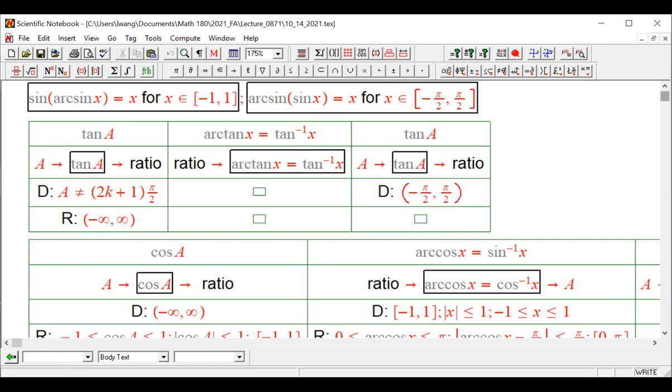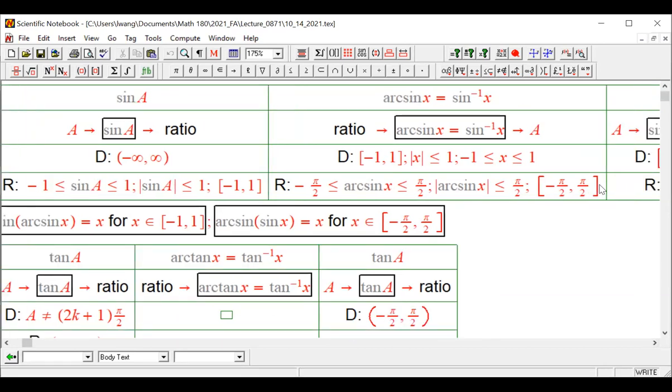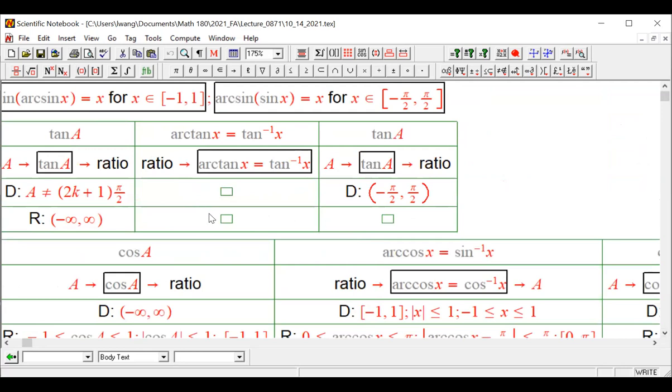But comparing with sine, I put tangent right underneath sine. For ArcSine, the range is negative pi over 2 to pi over 2, inclusive of the endpoints. But for ArcTangent, this is the range.